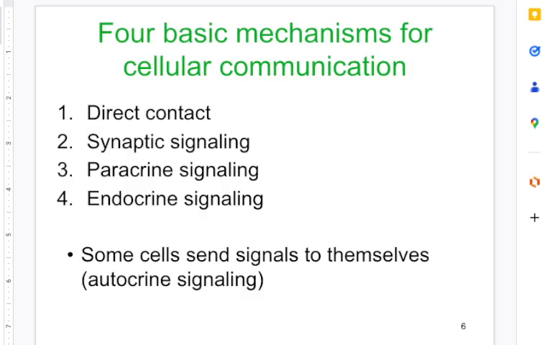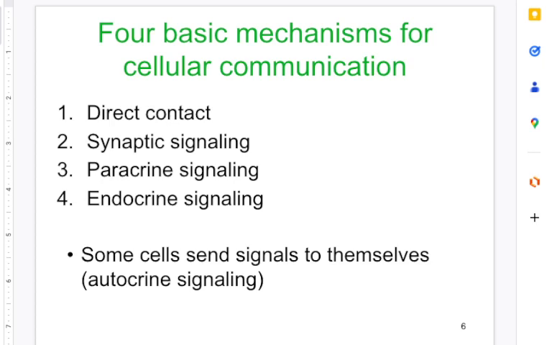There are 4 basic mechanisms for cellular communication, although we called them different things in our initial video that I gave you guys from YouTube. This is also acceptable for you guys. So we can have direct contact for cell-to-cell communication.